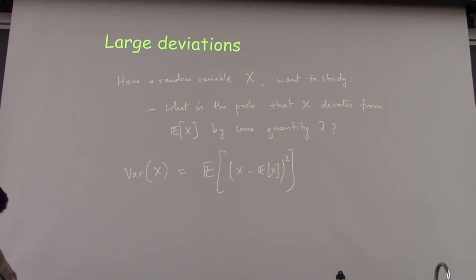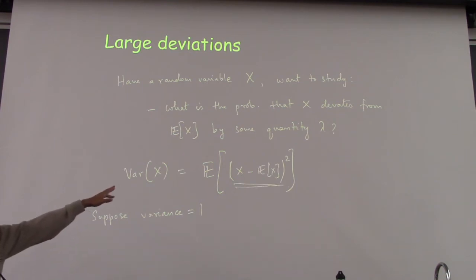So let's take an example. Suppose I tell you the variance is 1, which means the expected value of this square deviation is equal to 1.